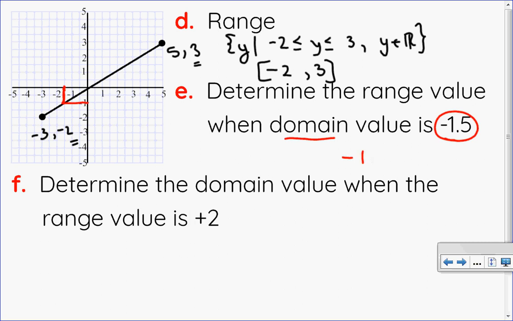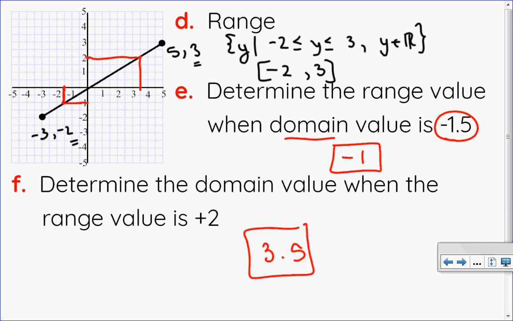So when x is -1.5, y has a value, or the range has a value, of -1. Let's look at the next one. Determine the domain value when the range value is +2. So here's a range value of +2. I'll read over to the graph and down, and I can see that my domain value is 3.5.